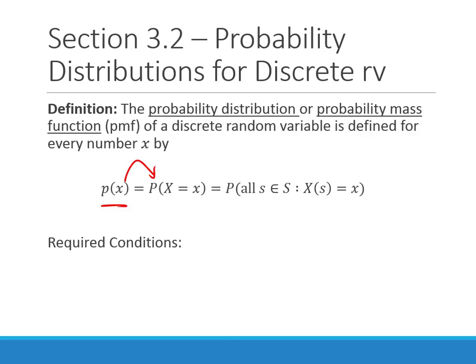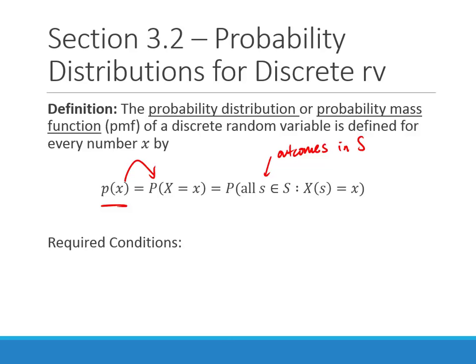So we want the probability of getting any outcome in our sample space that will give me that value of my random variable. So again, here's that joint way of talking about assigning probabilities through events or assigning probabilities through the random variable that we're looking at.